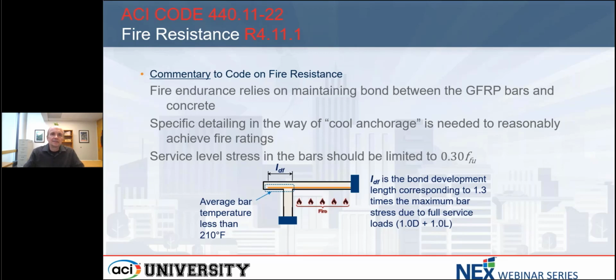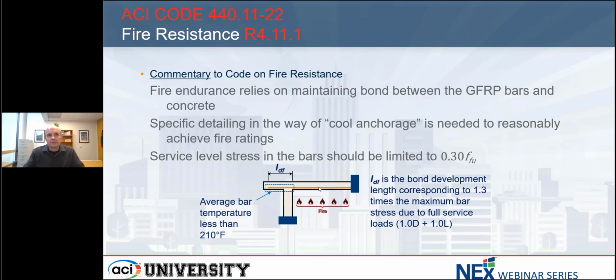But essentially the idea is that if you can provide anchorage of the reinforcement in what we call a cool zone, so a zone that's outside of the fire exposure area, or if you can insulate the areas where the bar is being anchored or developed, then the other parts of the bar that are exposed to fire may lose the properties of the resin, but remember that the fibers in the bar are continuous, and the fibers themselves can actually resist fairly high temperatures.